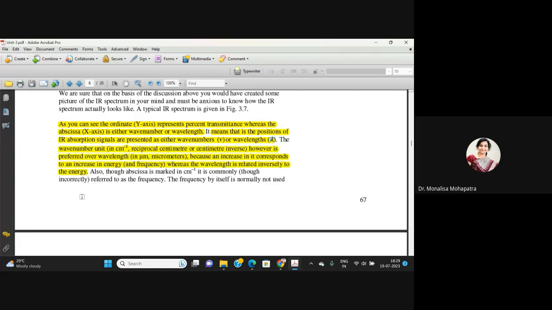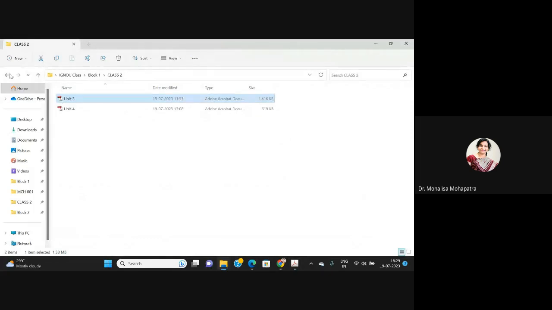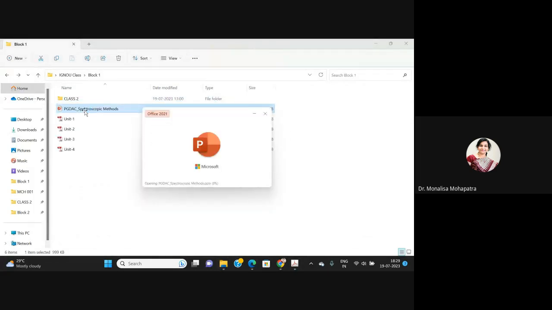So the radiation which is falling on the matter will get more energy. Whereas the wavelength varies inversely with the energy. If you see the part of this one, I'm just showing you.